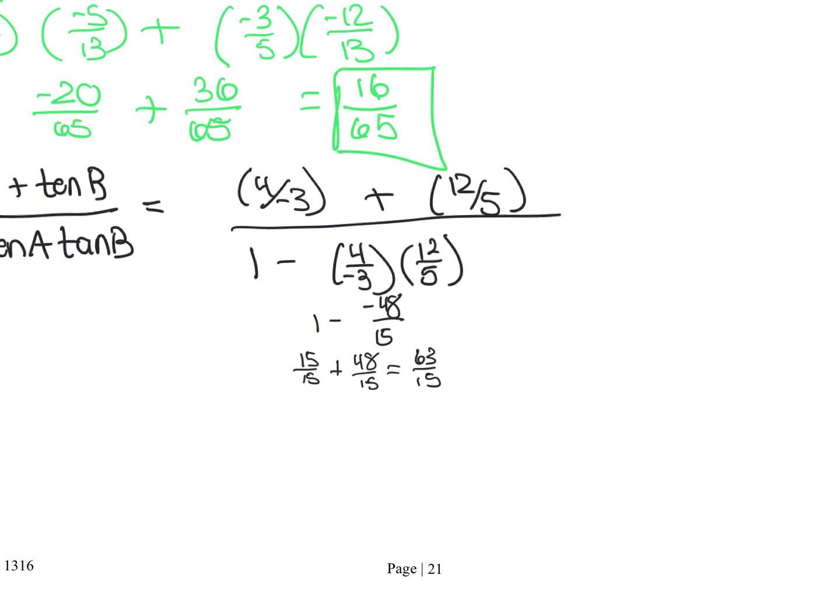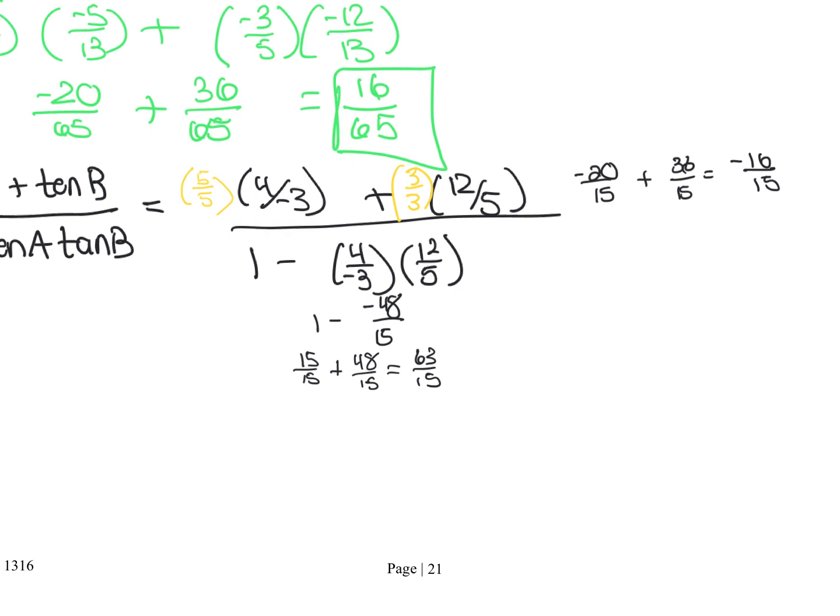On top, common denominators, I need to find those. So I'm going to multiply this first fraction by a 5 over a 5. And the second fraction I'm going to multiply by a 3 over a 3. So in the top I would get negative 20 over 15, plus the second fraction of the numerator I'd get 36 over 15, which when I add those together gets me negative 16 over 15.